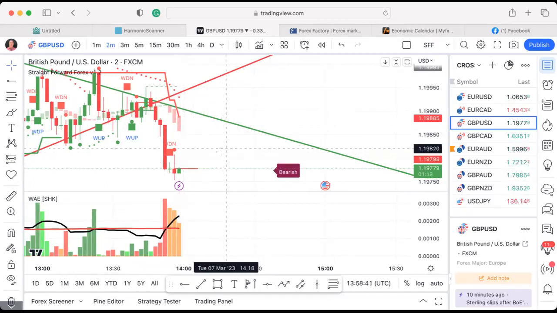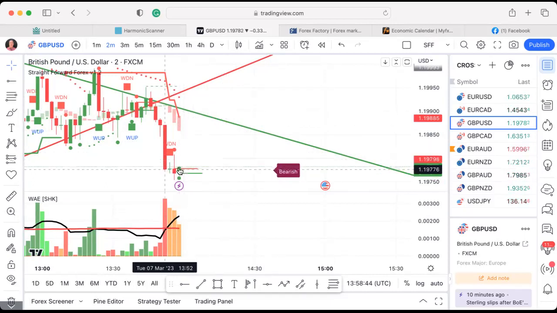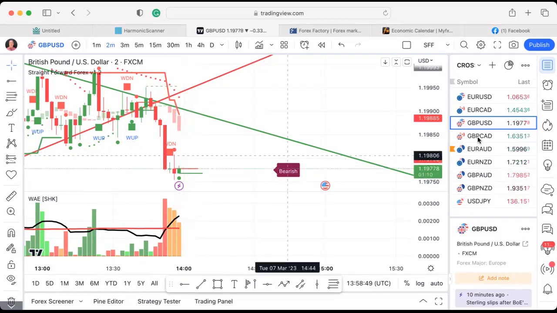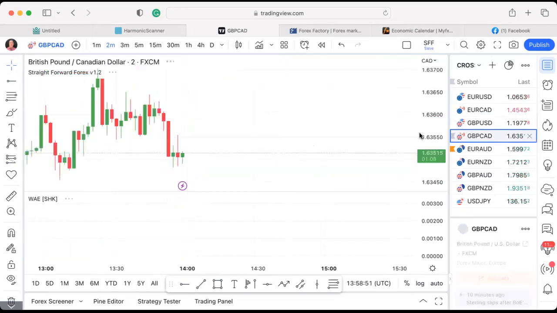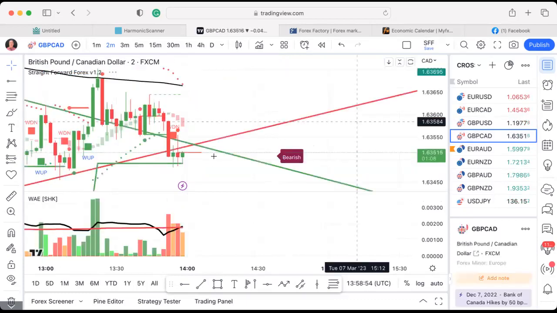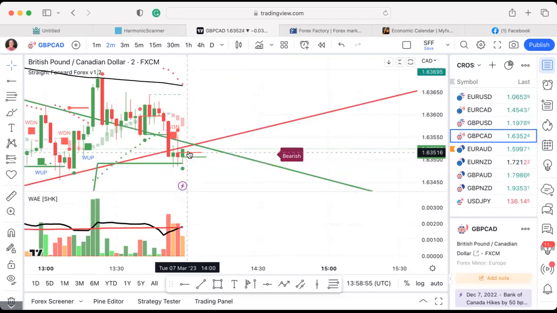My stop loss would need to be that red line there, which is pretty close to current price. So I'm going to leave that for now. Right, so we've dropped below the red line, but price is actually still going up. We've got a green super trend and an engulfing bull candle. So that's contradictory. So let's have a look at the euro pairs.